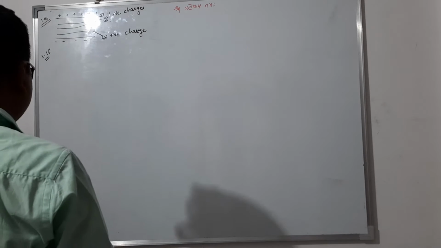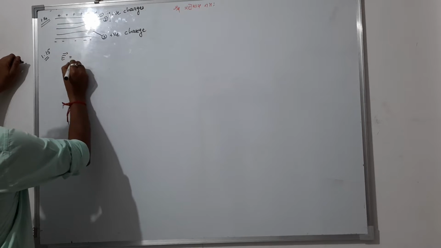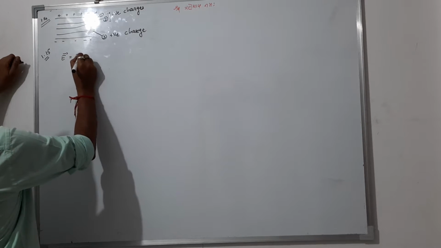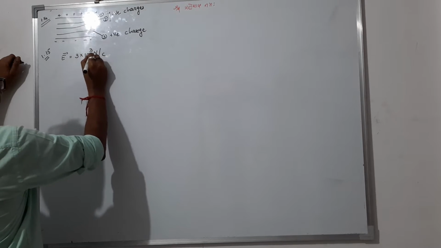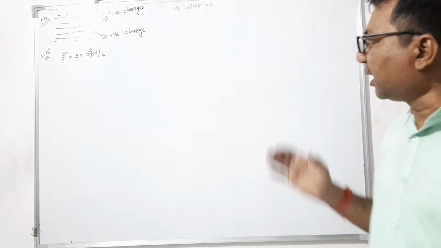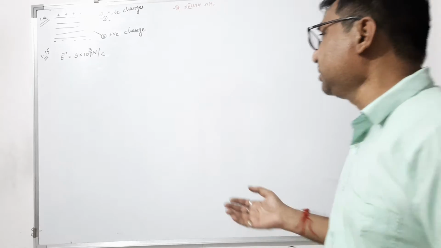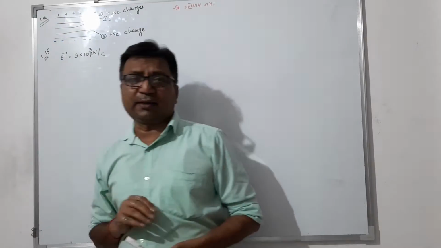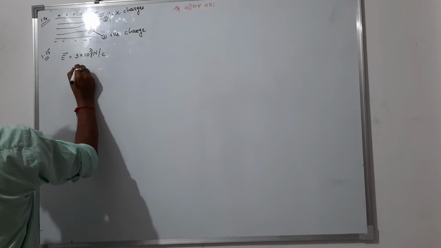In 1.15 you are given electric field, and that is equal to 3 into 10 raised to 3 Newton per Coulomb. But here a specific i cap is given. That means the direction of electric field is toward the x-axis, and a square is here.